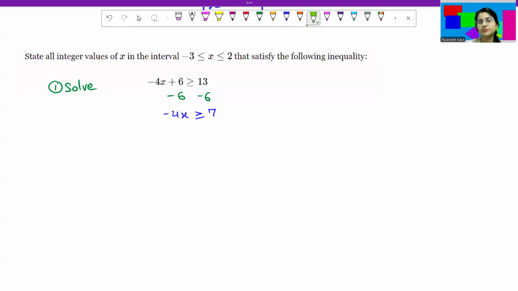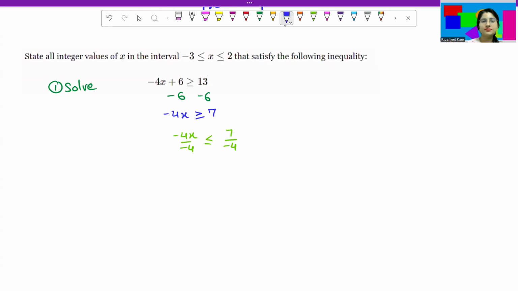Negative 4x divided by negative 4, same will go for 7. Is this correct? Check once more. No, the sign will be changed. Very good. So the inequality will be flipped.